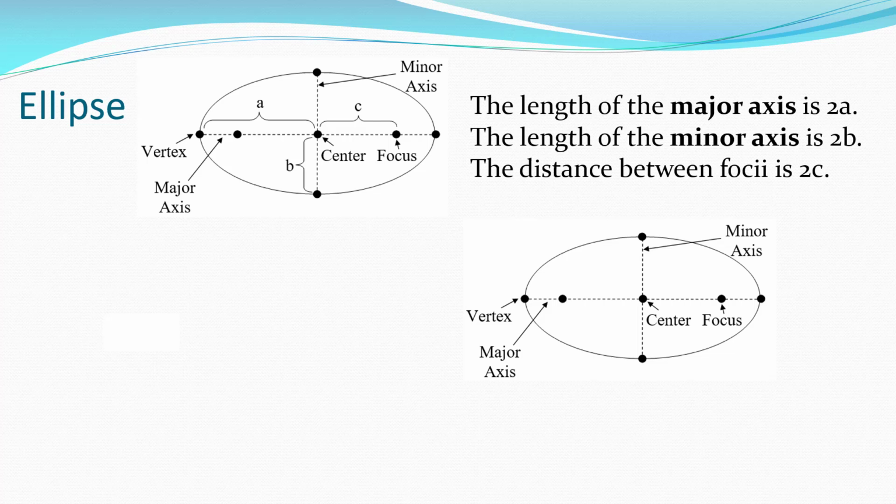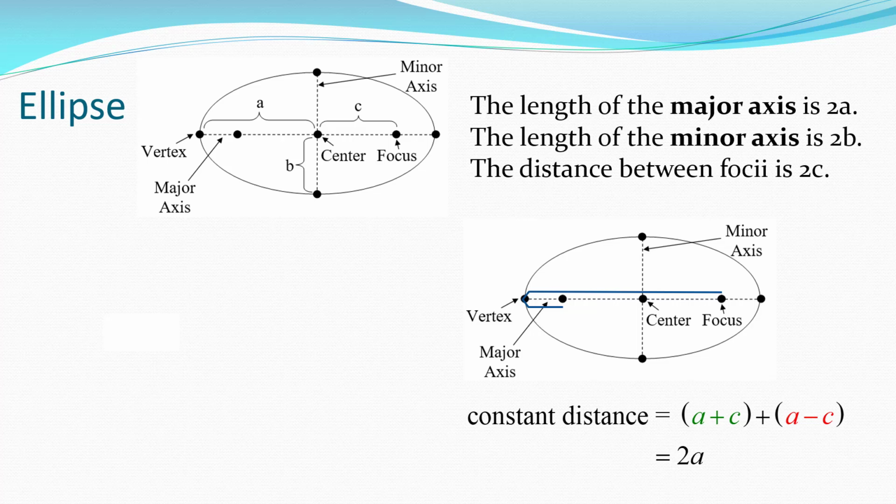But if you look at the ellipse, you should notice that if you go from the focus to the vertex back to another focus, you can think of that as two different distances. The distance from the focus to the center, which is a, and then the center to the vertex, that's c. So that's a plus c so far.